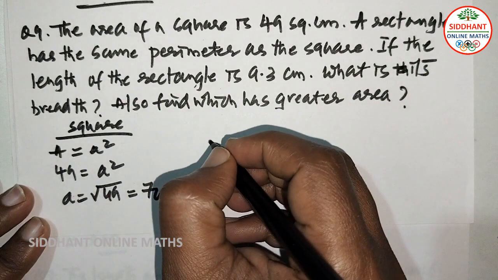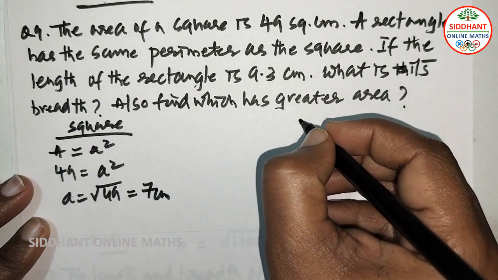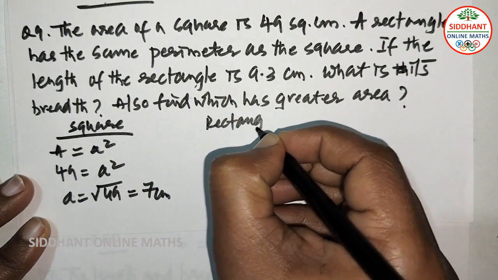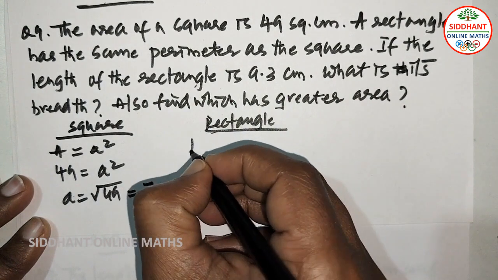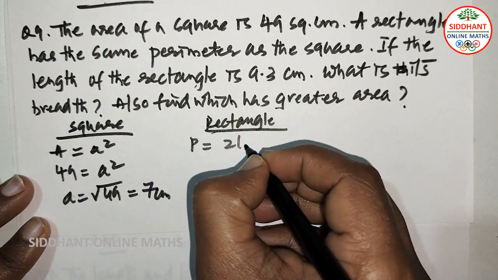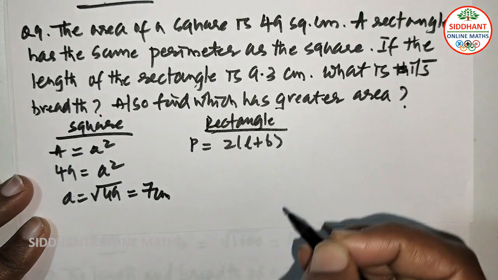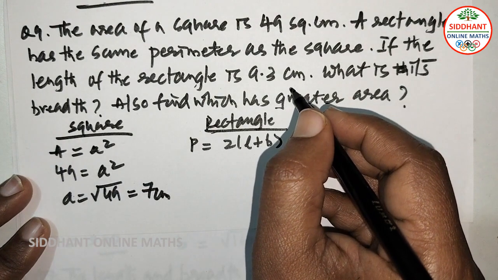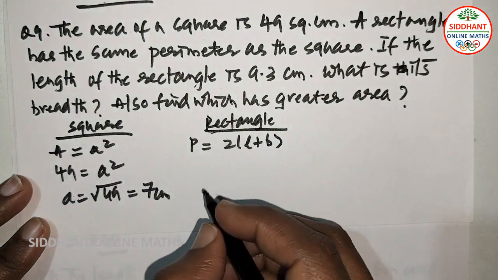So for the rectangle, the perimeter is equal to 2 into (L plus B). If the length of the rectangle is 9.3 centimeters, we are going to find the breadth.